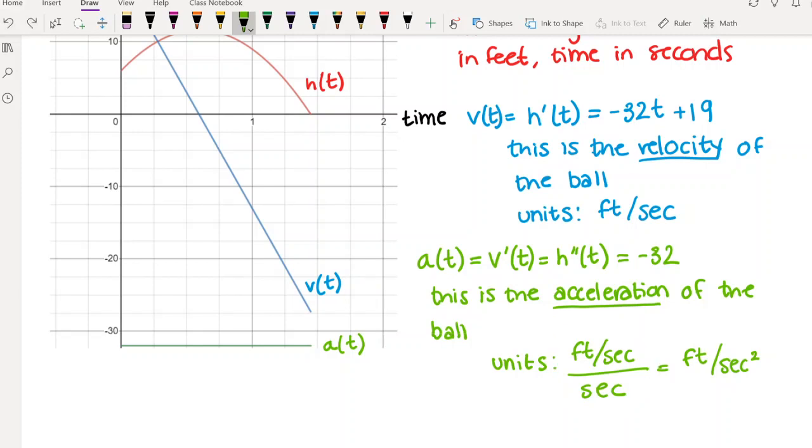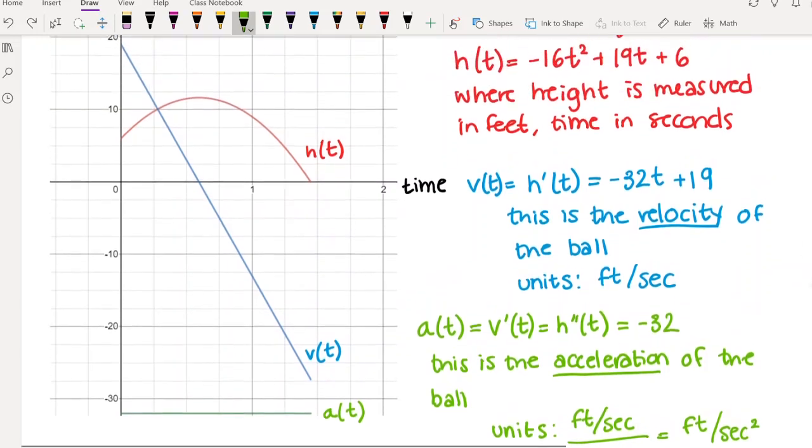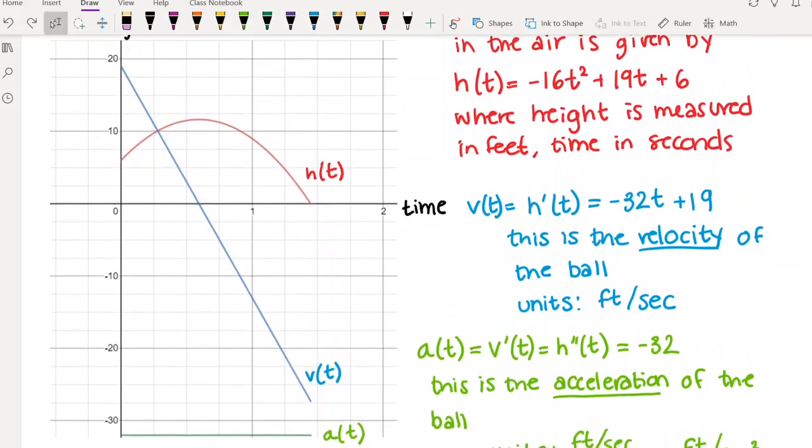Okay, so let's talk about what these different functions tell us about our ball and our motion in this case. As we mentioned, velocity tells you about the speed of your object, but also what direction it's traveling in.